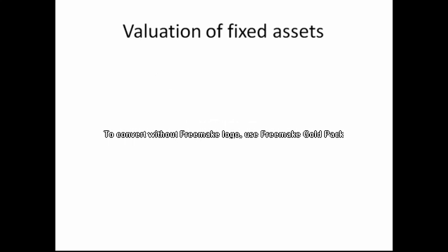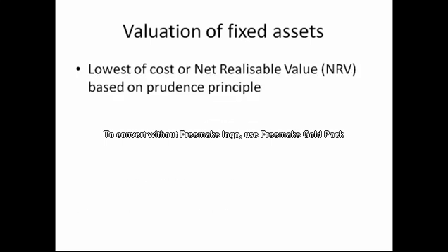So next we need to focus on the valuation of fixed assets. We know our default is to record at historical costs. Okay, but actually it's a bit more tricky. According to international financial accounting standards, assets need to be recorded at the lowest of costs or net realizable value, which we can abbreviate to NRV, based on the prudence principle.